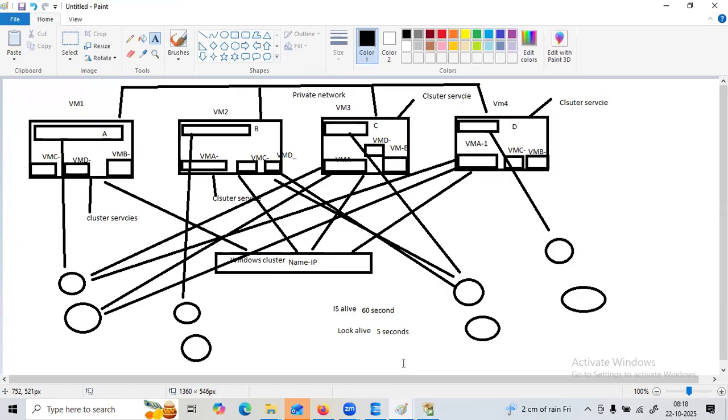Then based upon these background checks, failure is initiated from the quorum. So the failover goes either automatic or manual. The manual failover can be performed by the DB team or anyone else. But automatic failover will happen based upon node availability or any other issues, using IsAlive and LooksAlive.